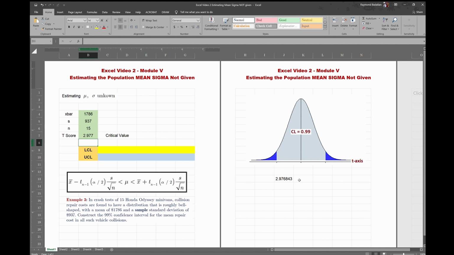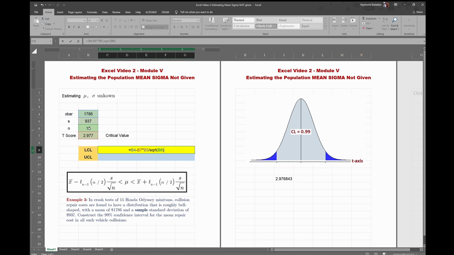Let's calculate the lower confidence limit and the upper confidence limit, just the way we did it in the previous video. The left-hand side starts with x bar, so you type x bar minus the t-value, times the sample standard deviation s, which is 937, divided by the square root of n, where n is 15.